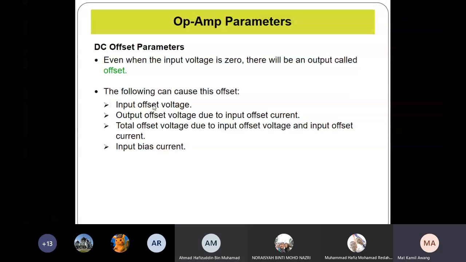Ideally, the offset value should be zero, but practically there will be some offset value, and this offset happens due to these four factors.